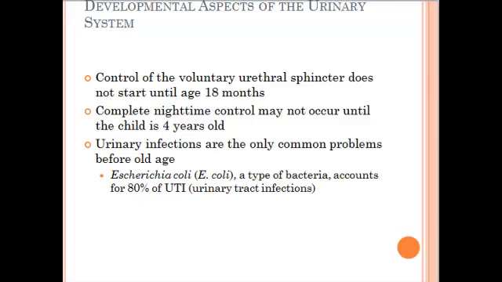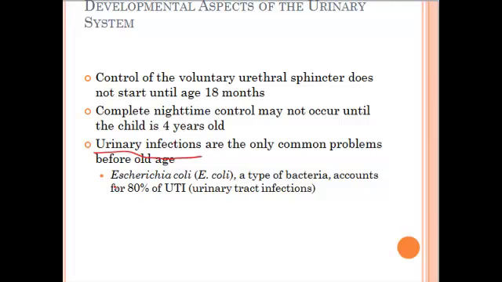Besides urinary infections, which happen relatively often in young kids but continue through life, and are more common in women than men because of the short urethra in women and its proximity to the digestive system and the feces.